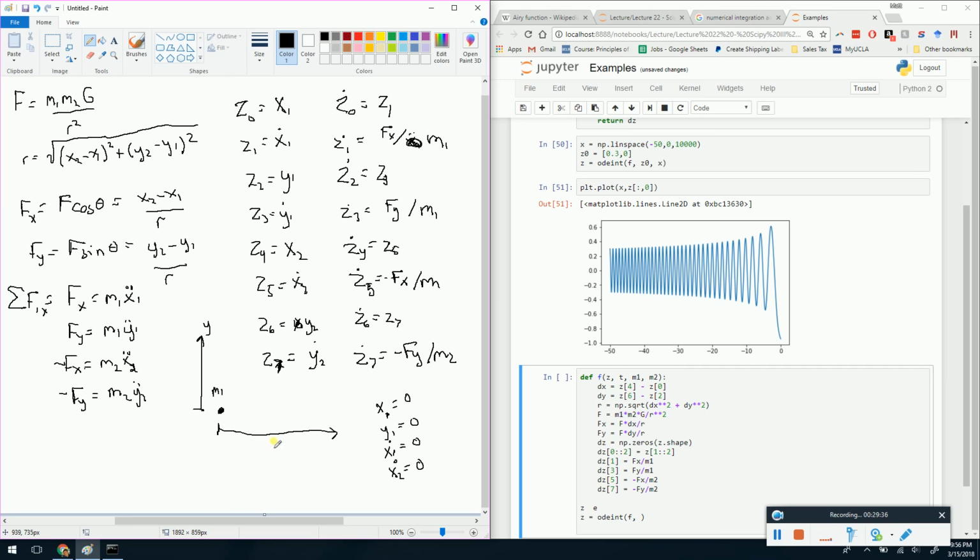Great, that's easy. And then let's make this guy kind of like moving up, but not over. So we'll make it unit distance across. So x2 at time 0 is going to be 1. y2 at time 0 is going to be 0. x2 dot is also going to be 0. And y2 dot is equal to 1.